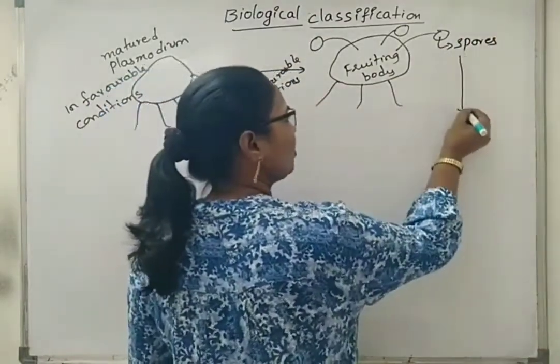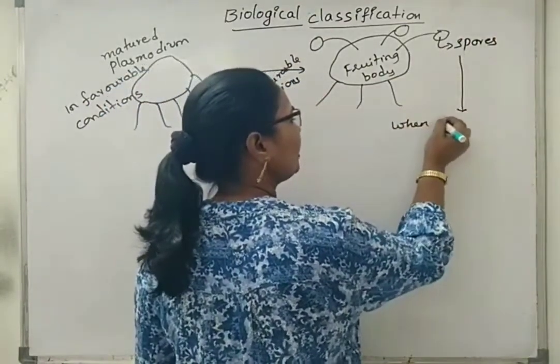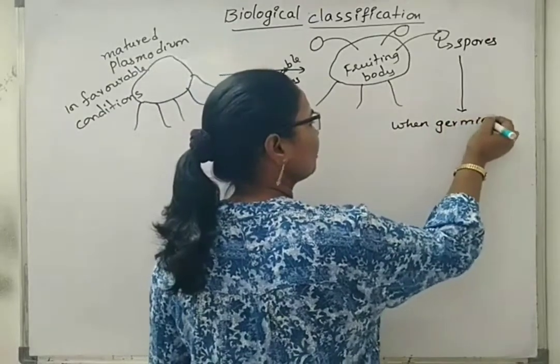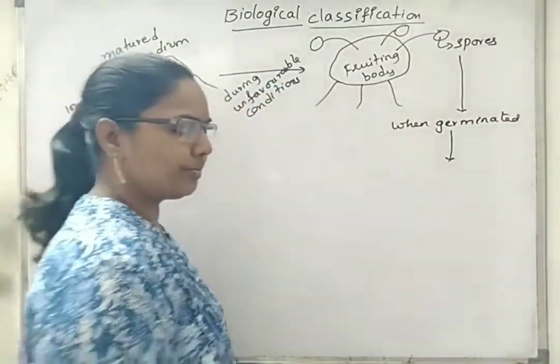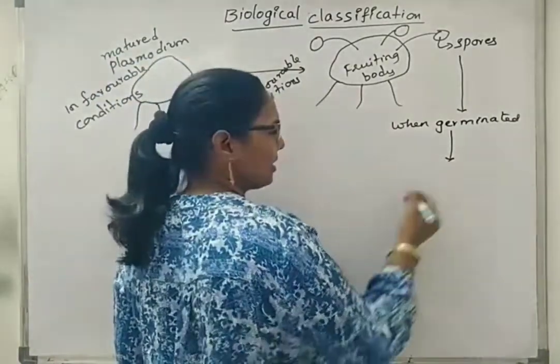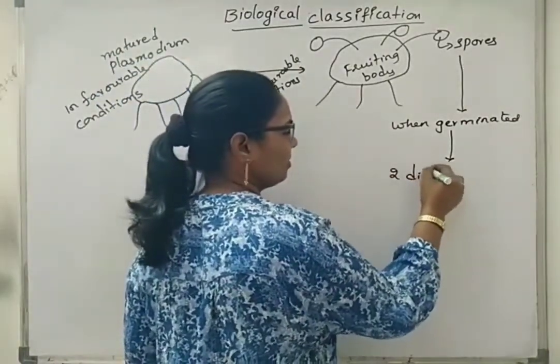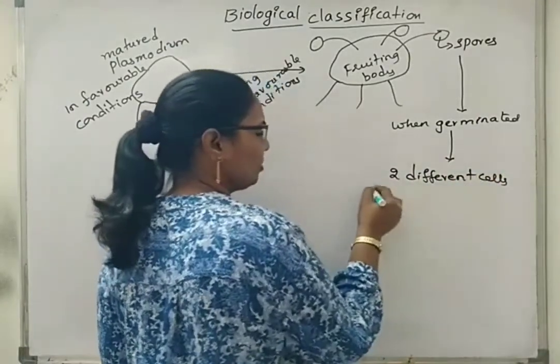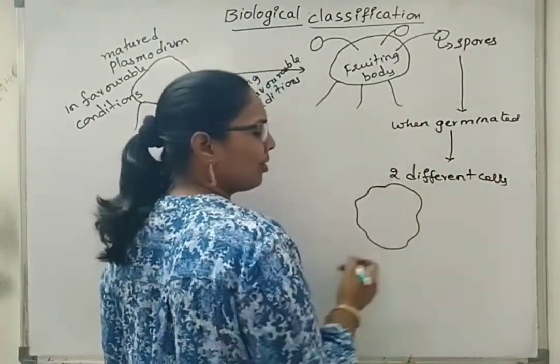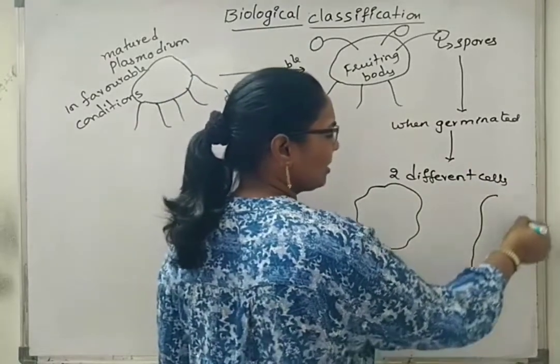Now these spores, when germinated, give rise to two different types of cells. What are those? One is the amoeboid form, another one is the flagellated form.